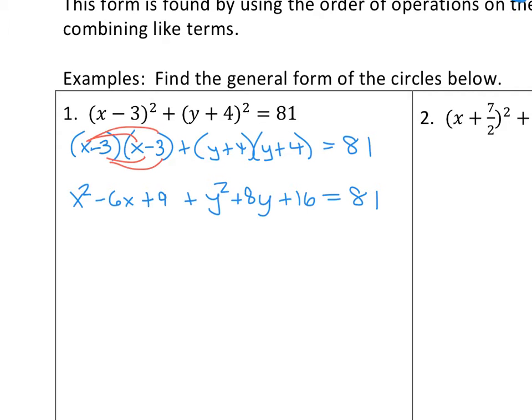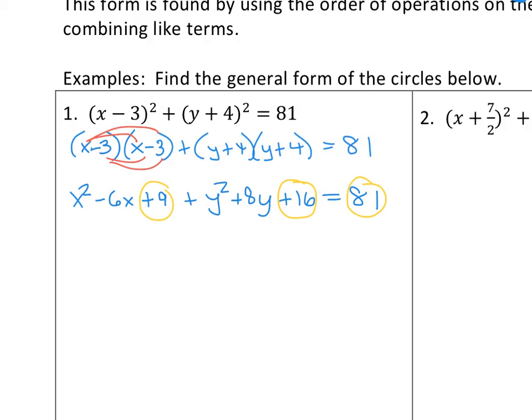The pattern here is, you square the first term, square the second term, and then you have double the product of the 2 terms. And so we end up having some constants here that we can combine.